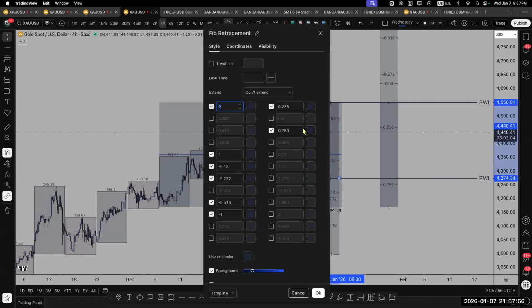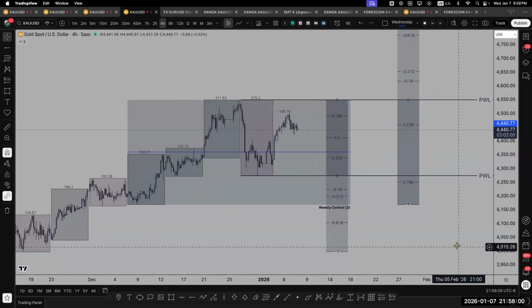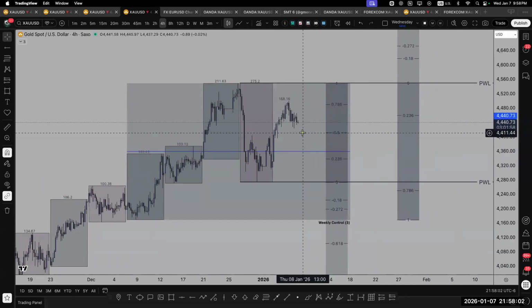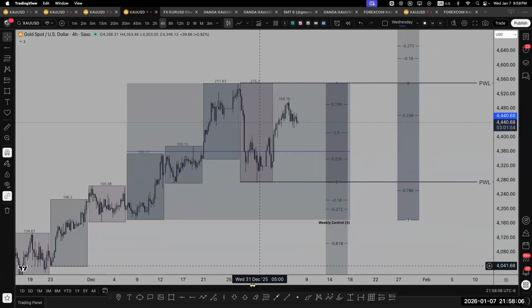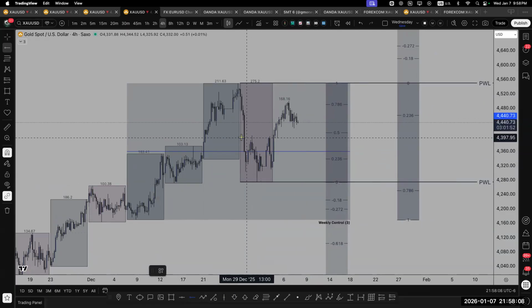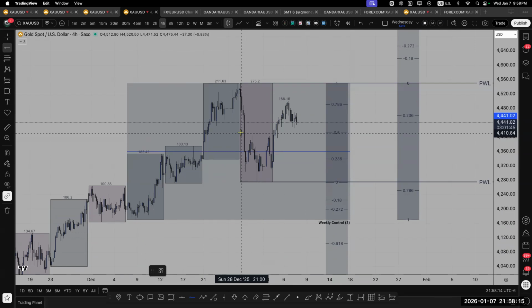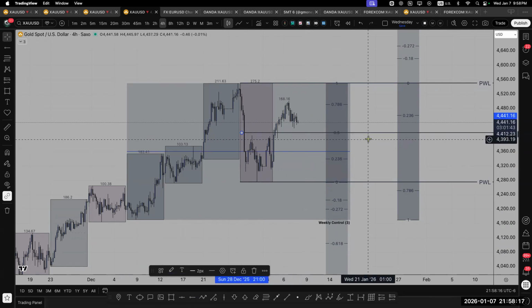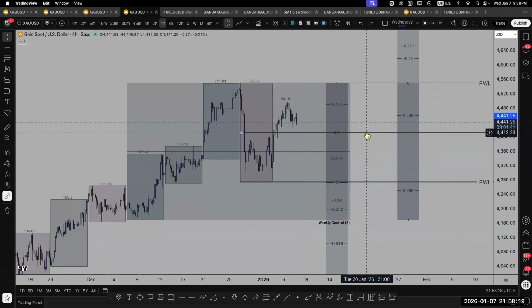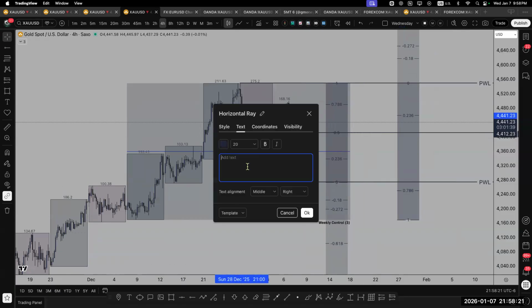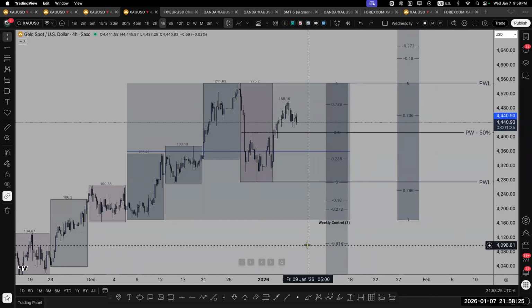So that's also very interesting. Let's put in the 50%. So for starters, guys, I think we could potentially come back down to 50% of the previous week as target one. And as target number two, 50% of this big range. Right here, so this is 50% previous week.